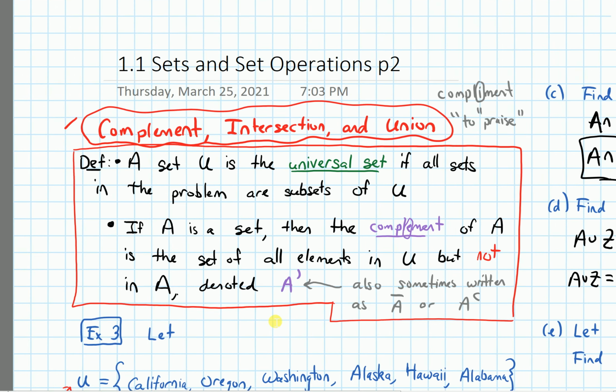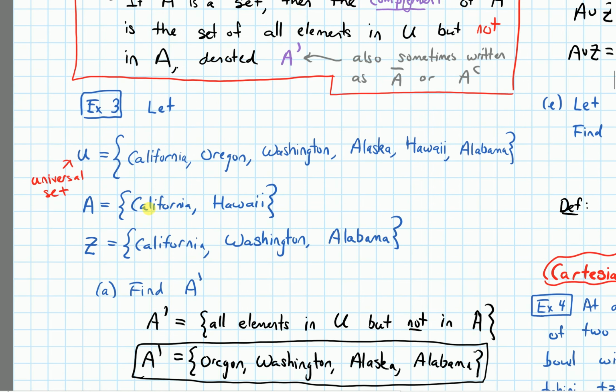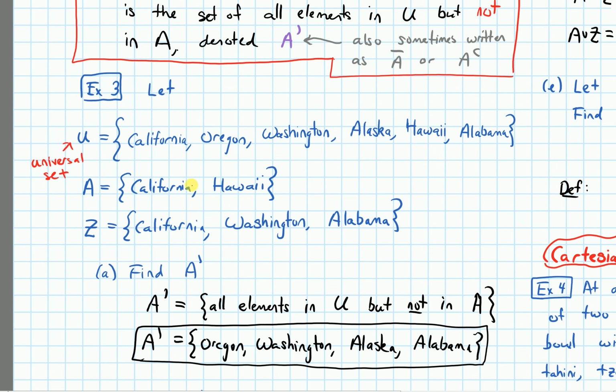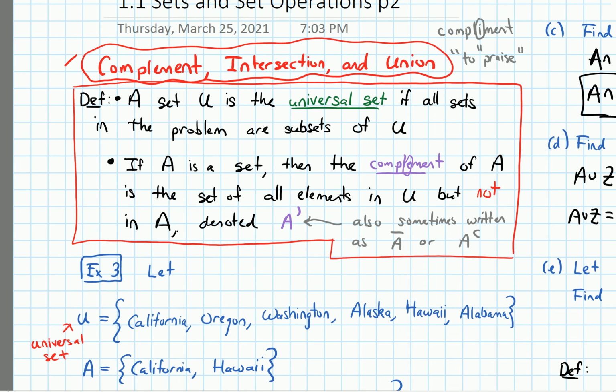So looking back to our example, A has California and Hawaii. We for sure got to include those. And then in Z, we have California, Washington, and Alabama. So we got to include those. Overall, there's 4 states here that are in at least one of them. California, Hawaii, Washington, and Alabama. California is actually in both of them, and that's fine. That still means you're in the union. So let's list out those 4 states.